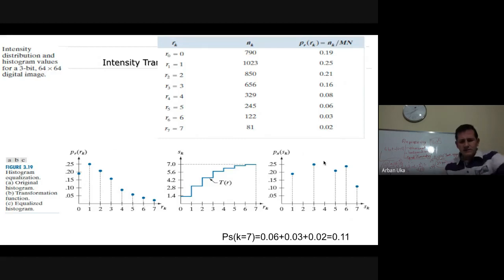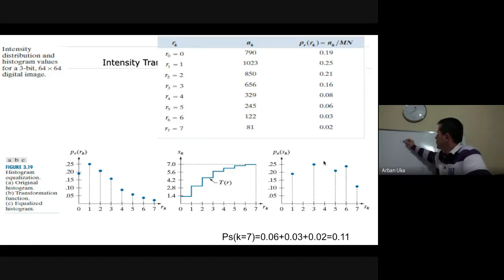The values shown here are for a 3-bit image, and in this 3-bit image, the maximum pixel intensity is 2 to the power 3, which is 8, minus 1, so the maximum value is 7, the range is 0 to 7.